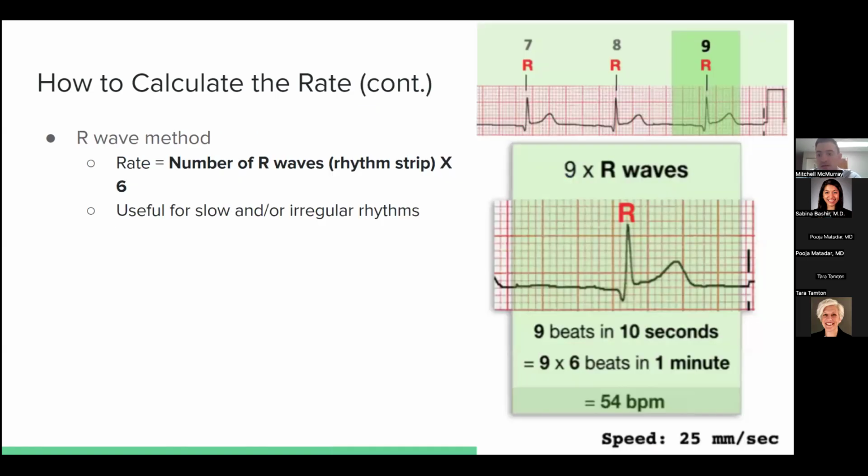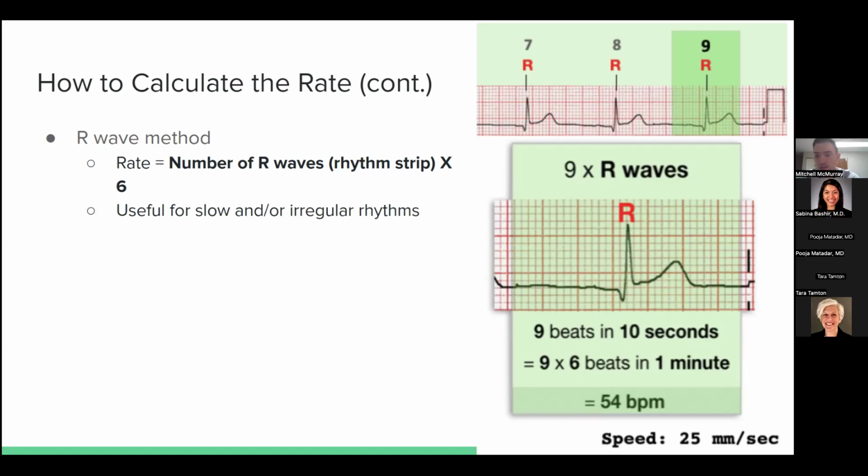If the rate is not regular, like for example if somebody is in atrial fibrillation, you can use a different calculation. You can remember that each printout of the EKG is about 10 seconds long. So you can calculate how many R waves there are in each printout, on a lead like V1 for example, and then multiply that by 6 because each strip is 10 seconds long.